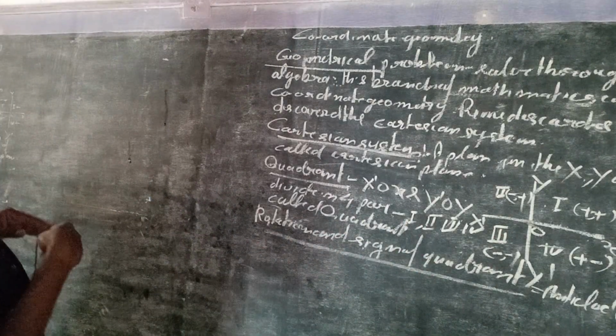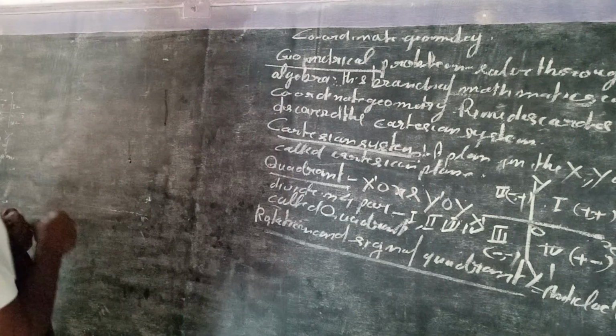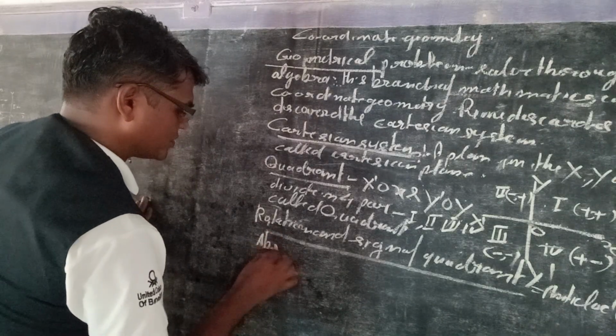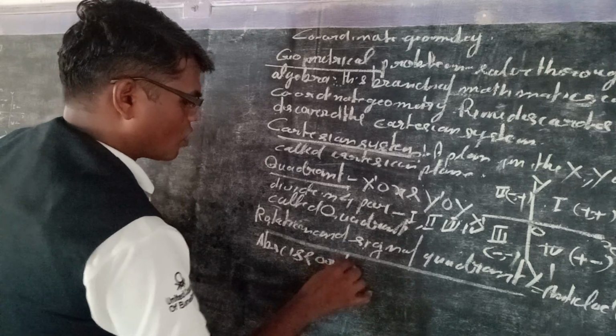Now we will study anti-clockwise and clockwise coordinates of the x-axis and y-axis. What is the second term? Abscissa and ordinates.